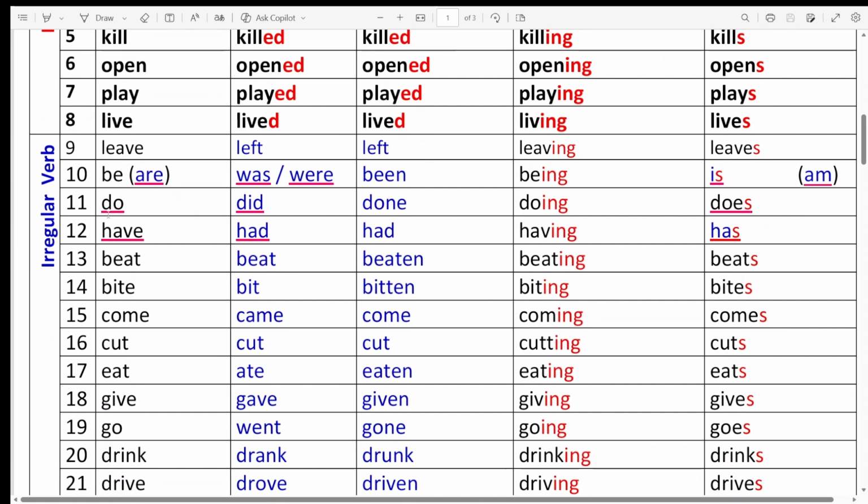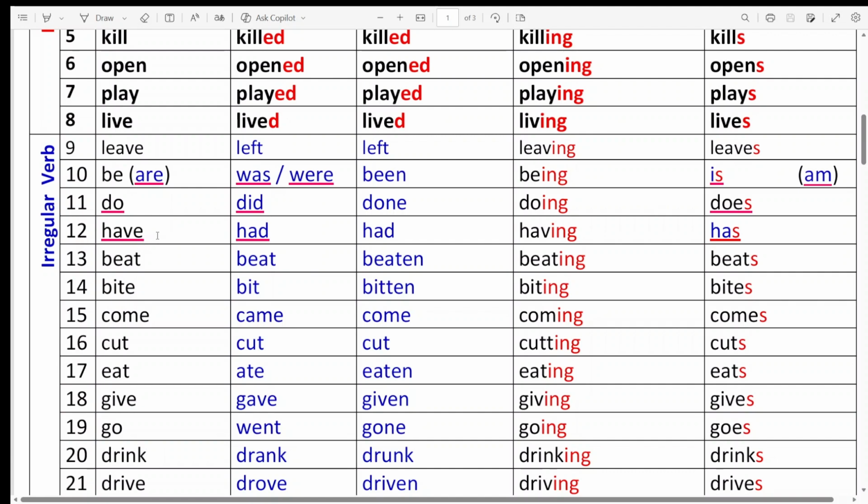Like here, eat becomes eats, go becomes goes. But here, be, 10th number, doesn't become bes or bees. Its V5 is is. So let you know this is exceptionally formed. And the same is with 12th number, that is have.